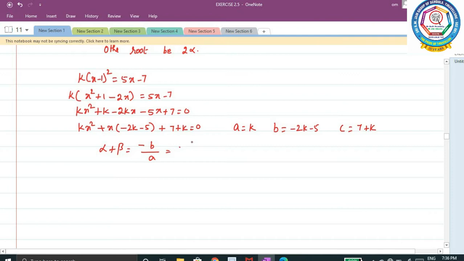So minus b by a, minus 2k minus 5 by k. If you take the minus inside, 2k plus 5 by k. Then product of zeros, that is alpha beta, equal to c by a, 7 plus k by k. So this one we got.